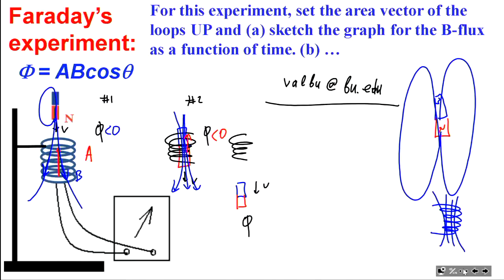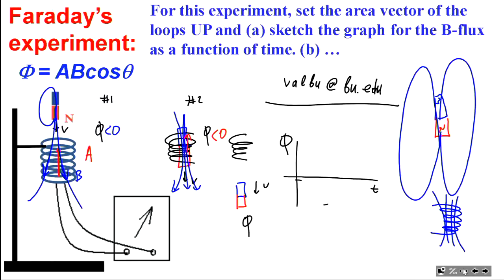But, of course, when the magnet is far away from the coil, magnetic flux should have a relatively small magnitude, close to zero. And then, when it's getting closer and closer, magnetic flux is stronger and stronger. But it still remains negative.